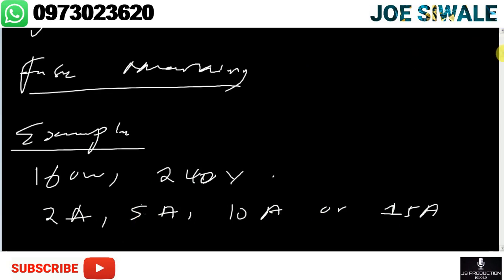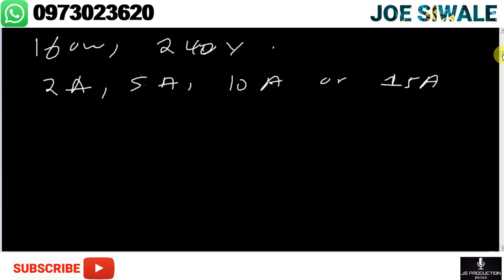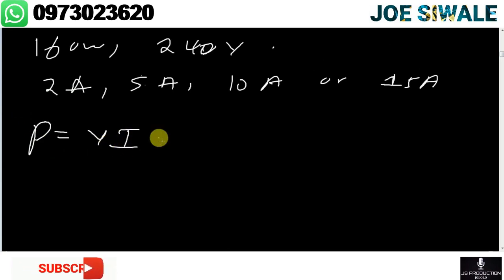Since we have been given power and voltage, and we know the formula: power is equal to voltage multiplied by current. To make current the subject of the formula, I divide by voltage.